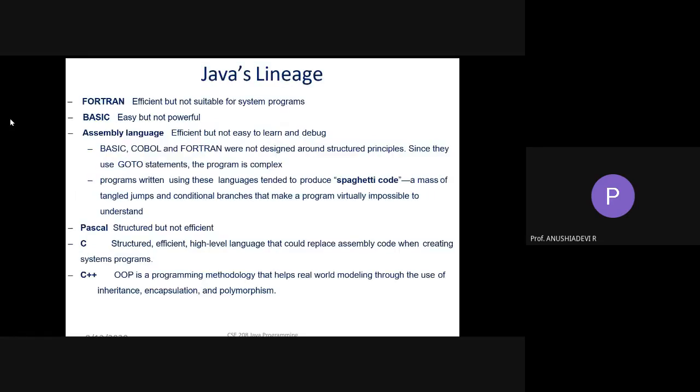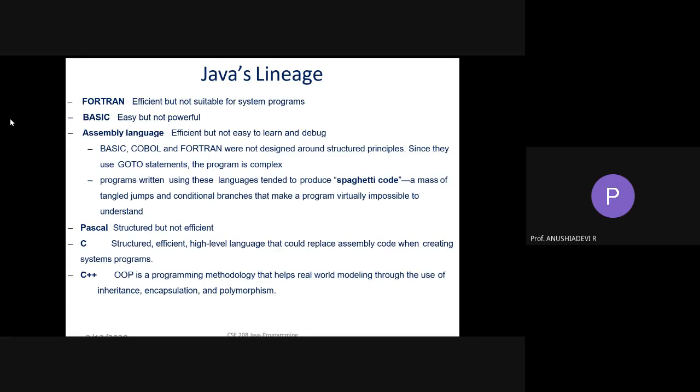So initially, many languages were developed before Java programming. One of those languages is Fortran. It is efficient but not suitable for system programming. By using the pointer concept in C and C++, we can develop our own system programs. What does system program mean? A system program means we can develop a compiler, or we can develop a new OS.